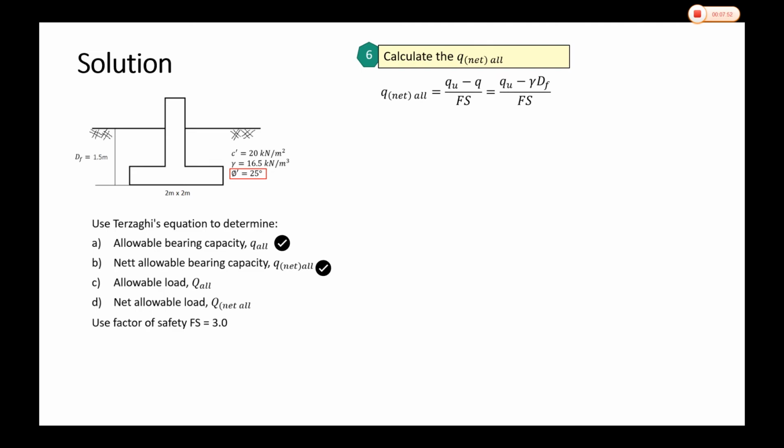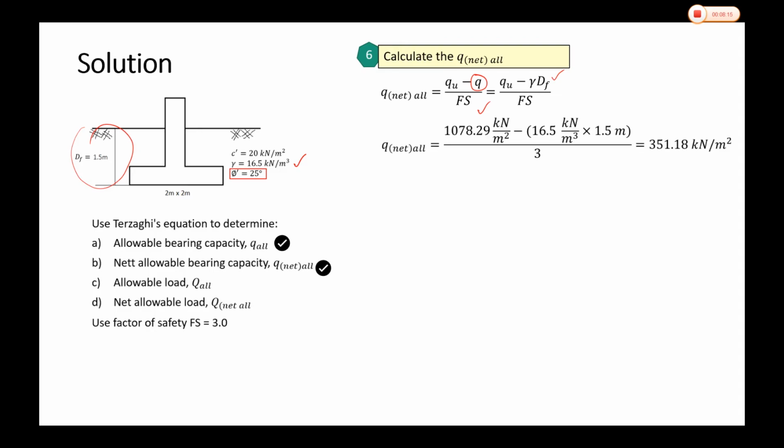The Q net allowable can be determined from this equation, which is Q ultimate minus Q, divided by the factor of safety. Okay, knowing that this is the overburden in this area. So what we have here is Q equivalent to unit weight of soil times the depth of foundation. So we just substitute all the data.